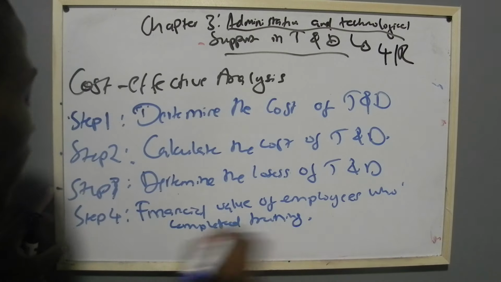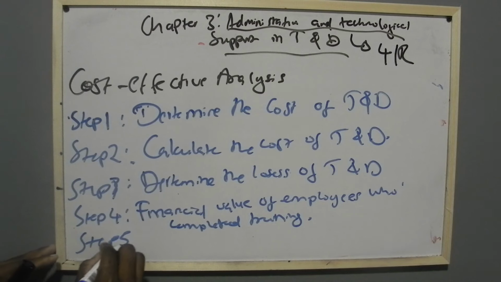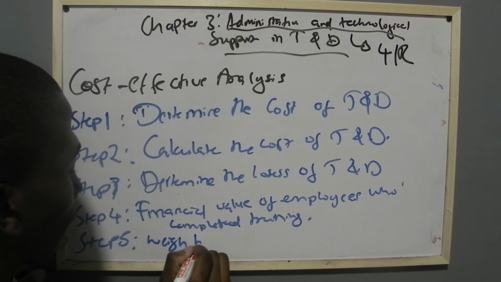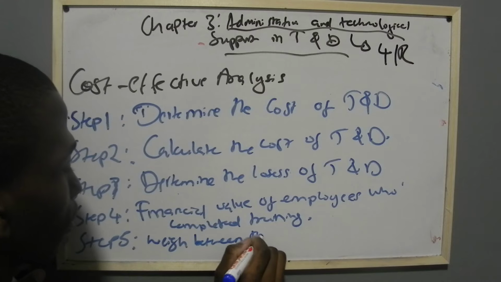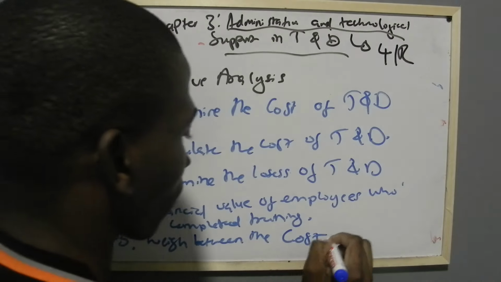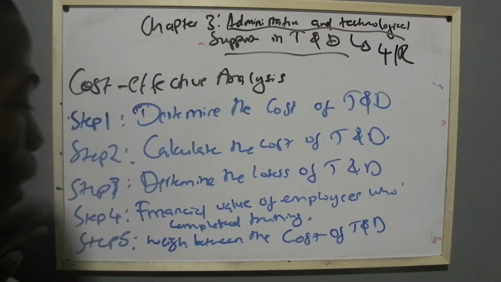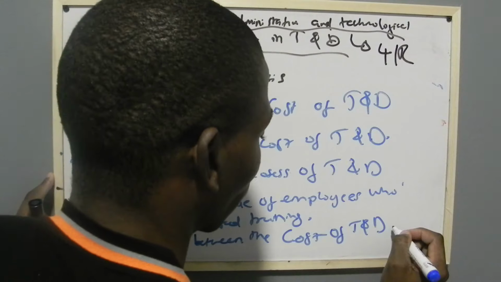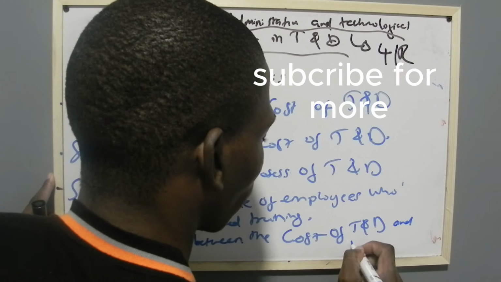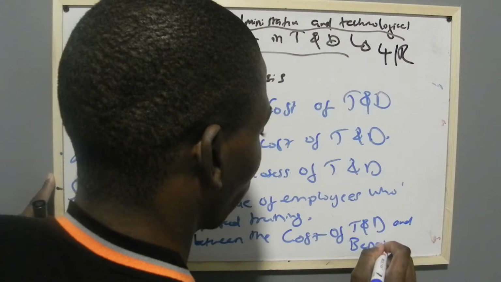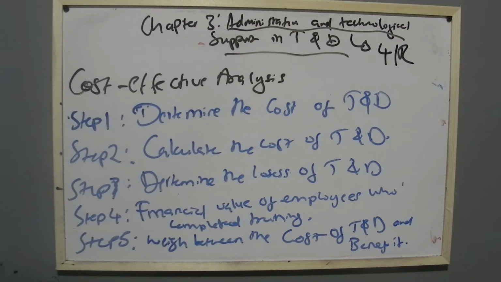Step number 5 is to weigh up between the cost of training and development and the benefits. So under the cost-effective analysis, these are the steps that we need to consider when we are doing the cost-effective analysis.